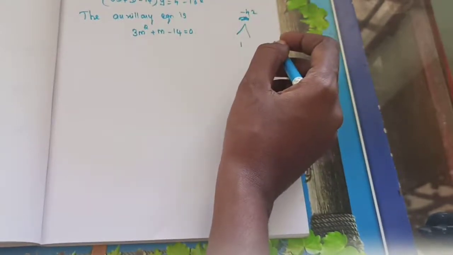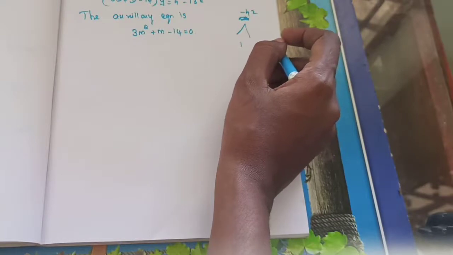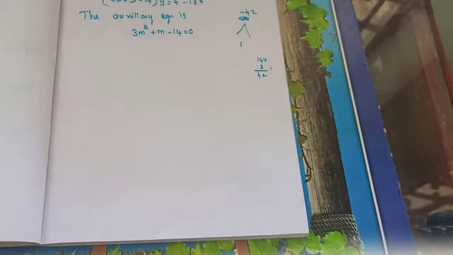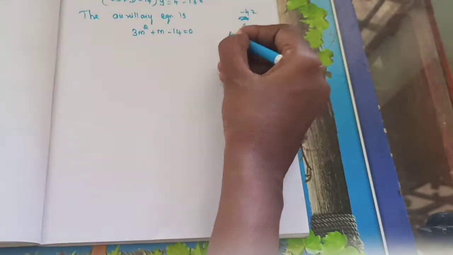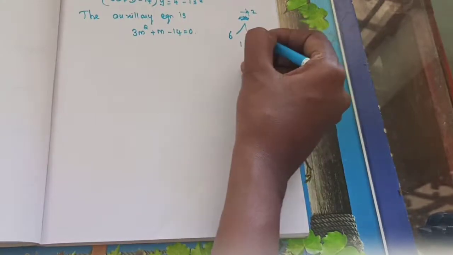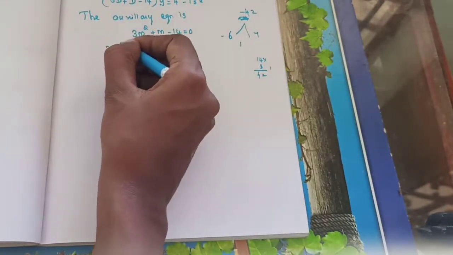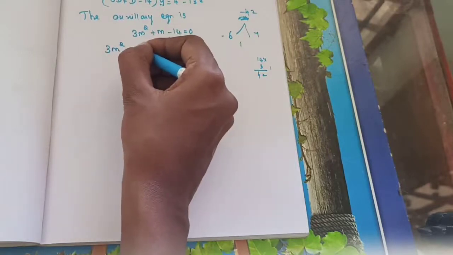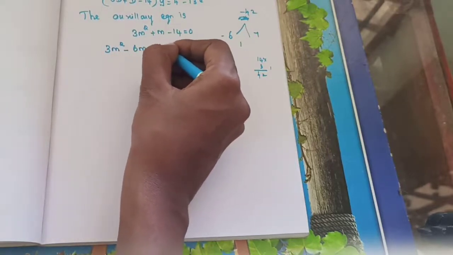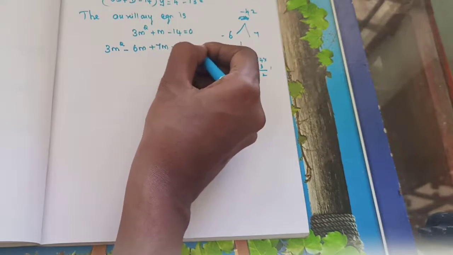What are the factors? 6 into 7. So the factors: 3m square minus 6m plus 7m minus 14 equal to 0.